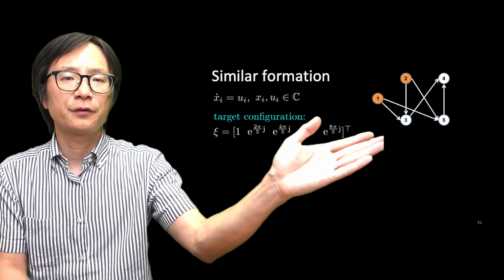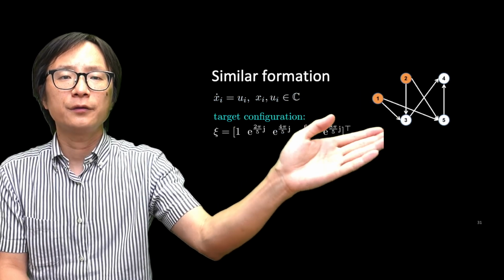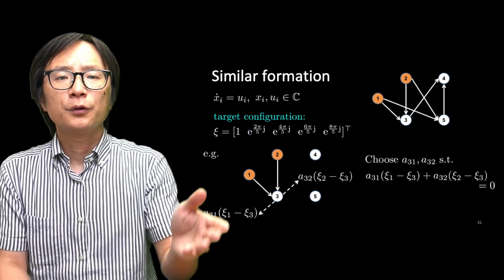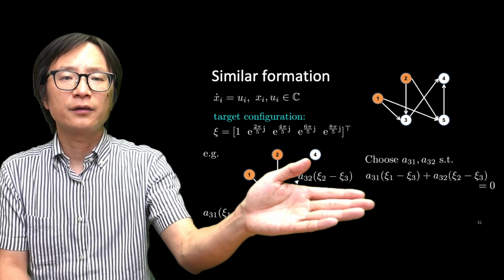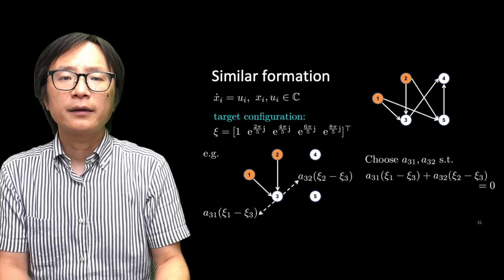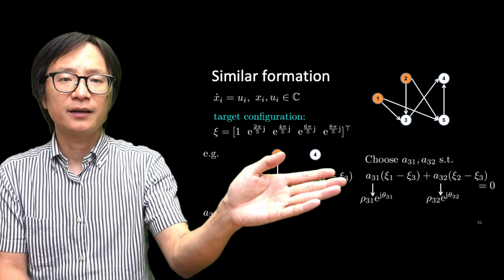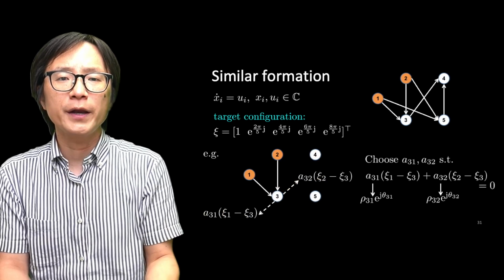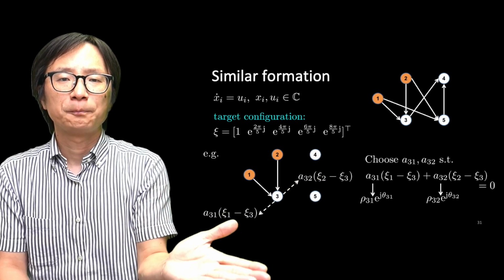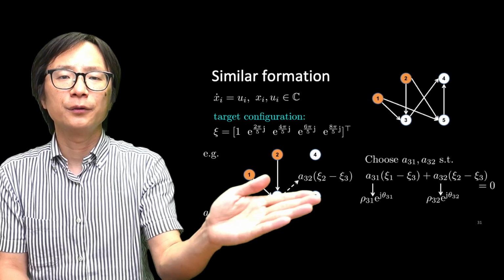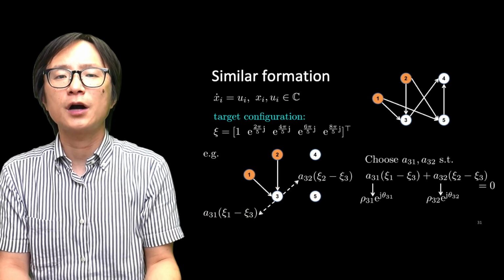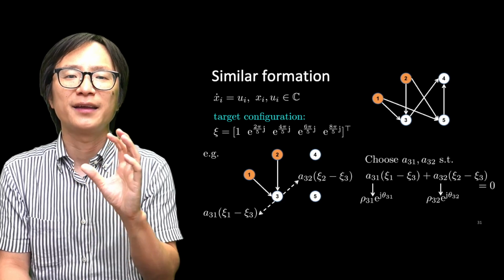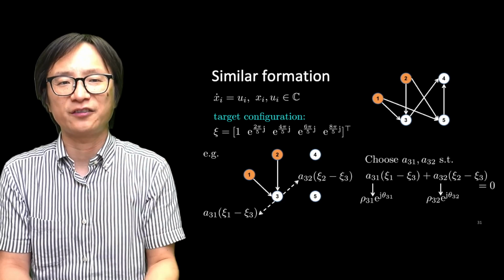Here, let's consider node 3. It has two neighbors, 1 and 2, and these happen to be the two roots in the graph. So the linear constraint that node 3 has to satisfy is this one. And if we write the two weights to be designed, A31 and A32, in polar coordinates, it's not hard to see that all we need to do is to rotate and scale these two complex numbers, so that they have exactly the same length, but pointing exactly the opposite directions, so that they can cancel out.